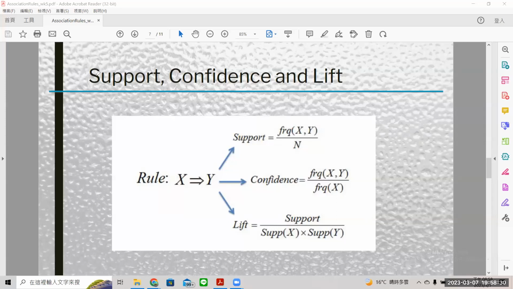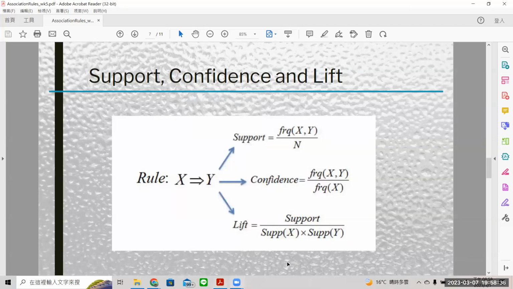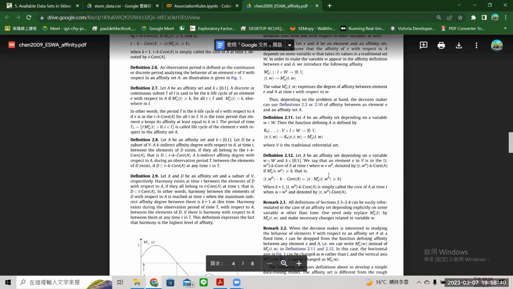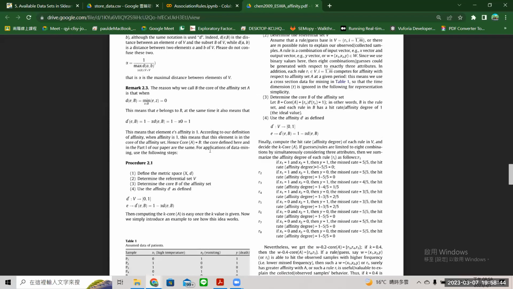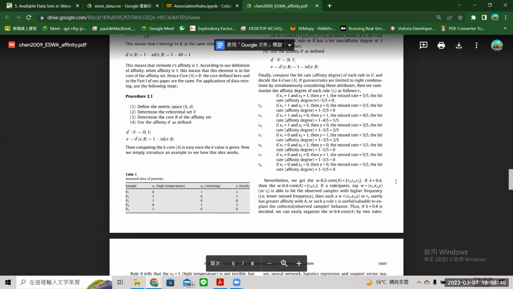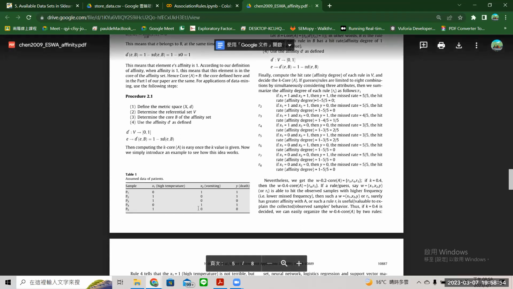And okay, go here. So where's my paper? Oh, here. Again, I use a very similar idea from the basket analysis.